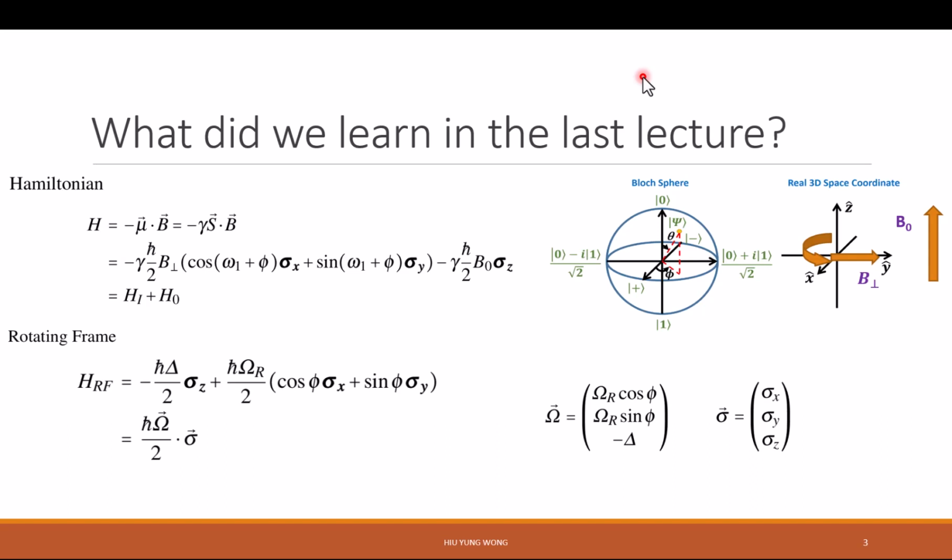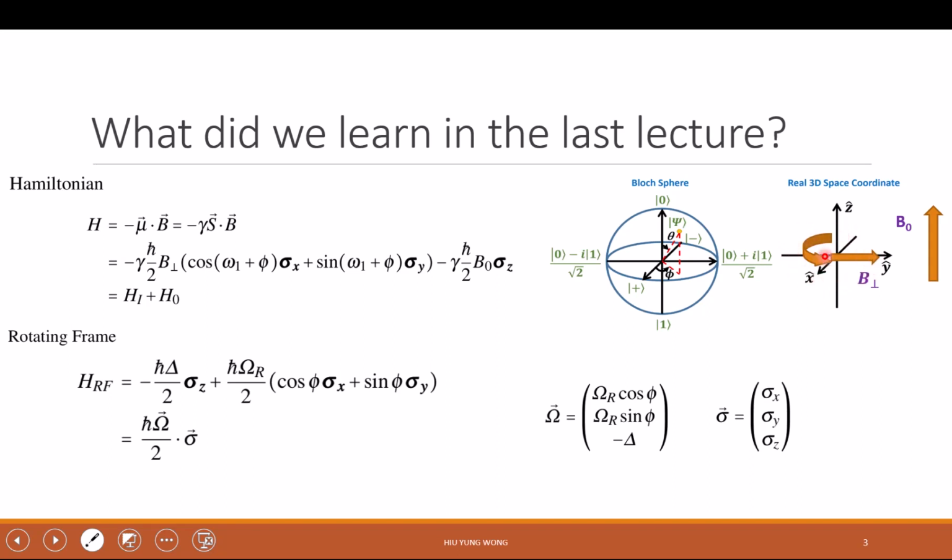We studied the behavior of a qubit under the external magnetic field with B0 pointing in the Z direction, right? And then we have a rotating magnetic field, treated as a vector, rotating on the XY plane.